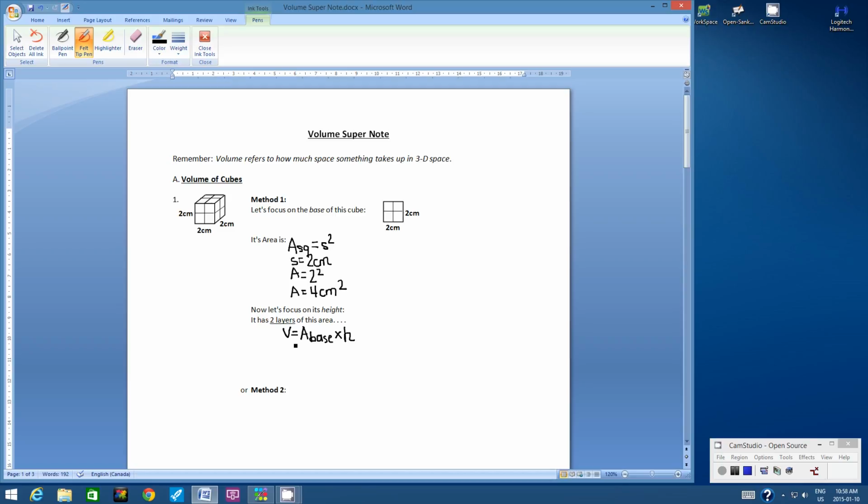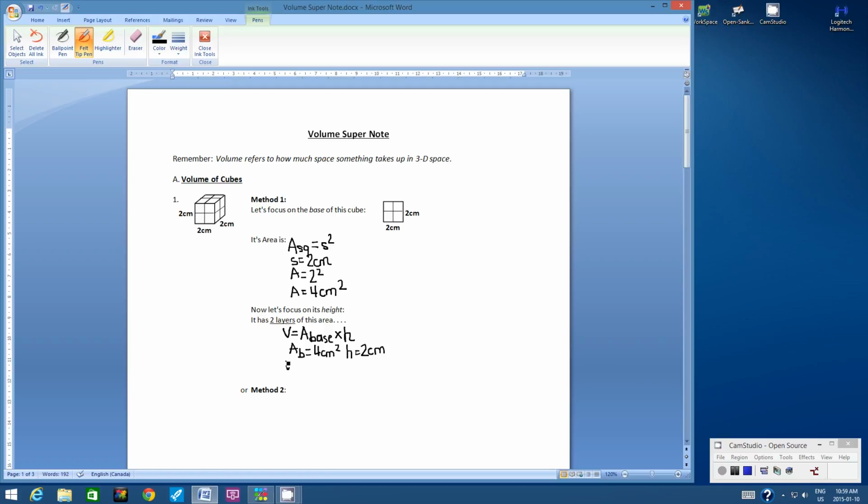Our second line is our information line. Well, the area of the base we just calculated up here, which is 4 centimeters squared. We know that the height is 2 centimeters because it has 2 layers of that area.